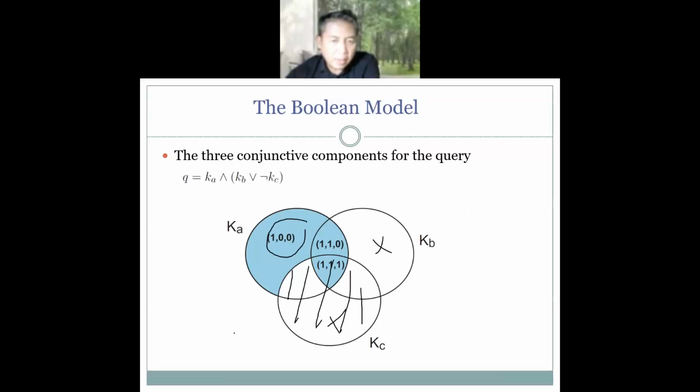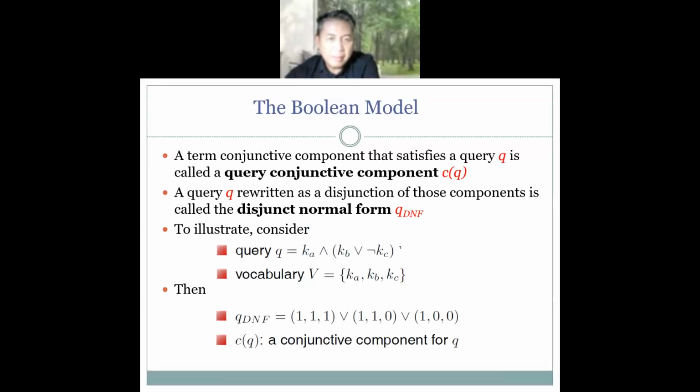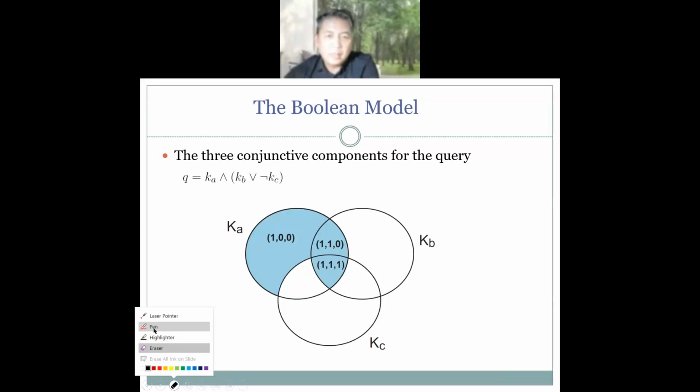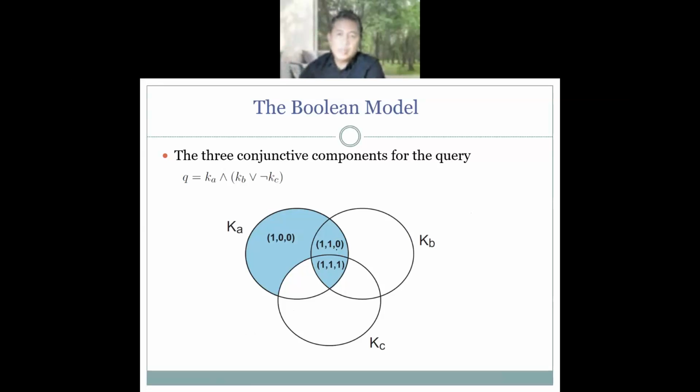Okay, so when we look at this query conjunctive component, we convert them into here. Then when we look at the set model, we are looking at all those documents in the blue area there. When we describe what documents will be retrieved, all these documents will be retrieved in this blue area.